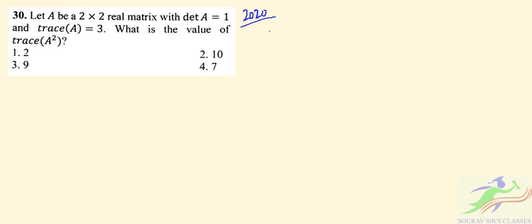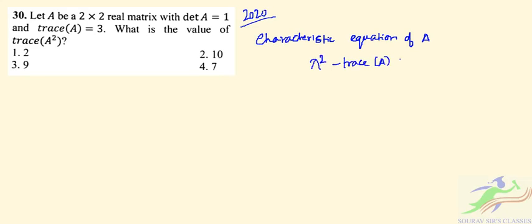So if we write the characteristic equation of A in terms of trace and determinant, with lambda as the eigenvalue, lambda square minus trace of A lambda plus determinant A is equal to 0.